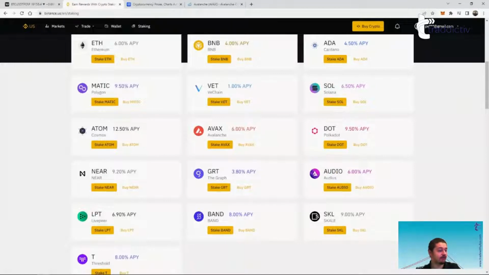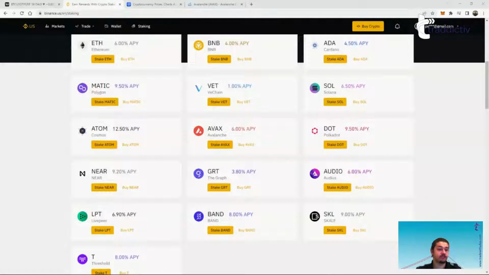I've put together a fairly simple and straightforward Excel file, and I'm going to share this with you, of how it calculates coin APY versus dollars APY. So there is a bit of a difference there.